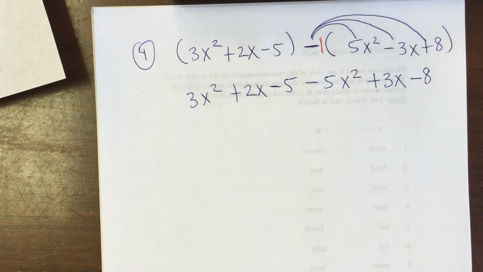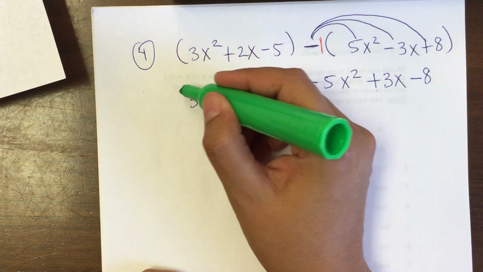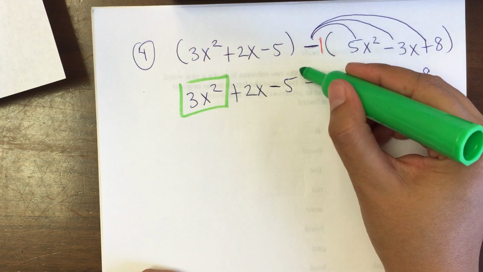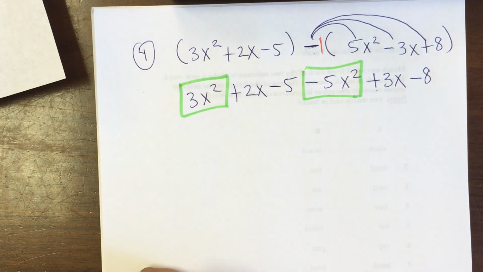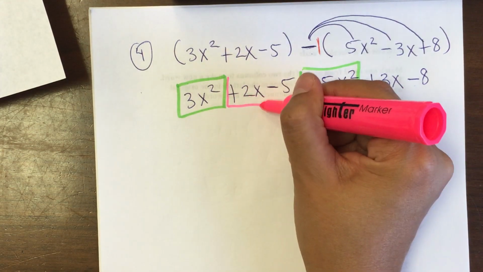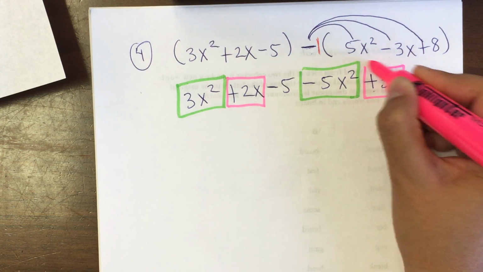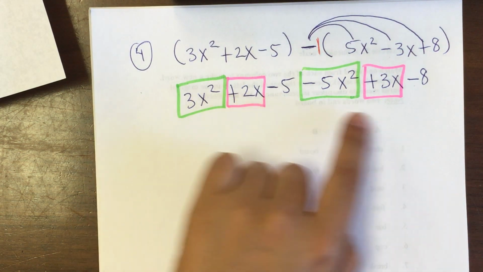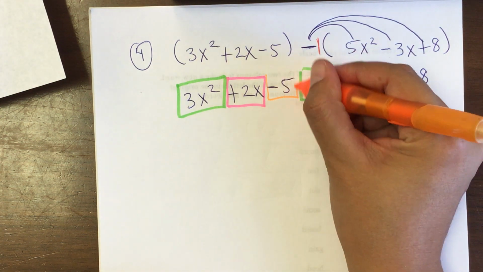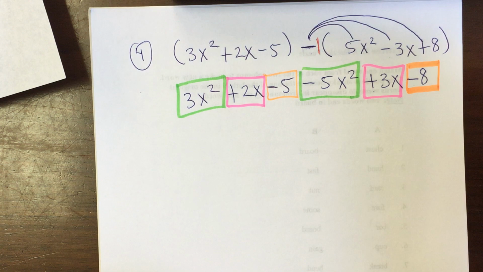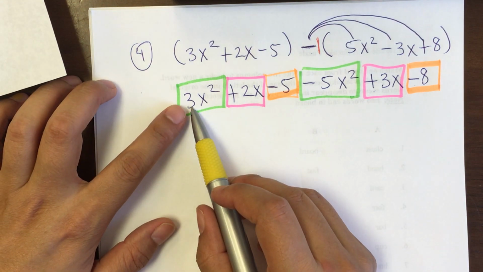Okay? We're now going to combine like terms. Notice how I'm including the sign to the left. Okay, these two have x, and these have no variable. Okay, so we combine them and we get 3.